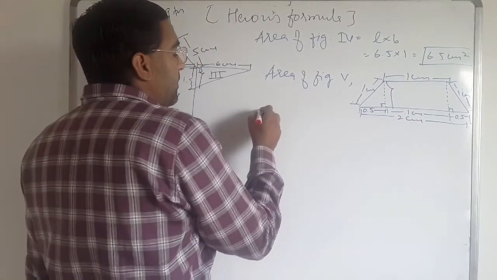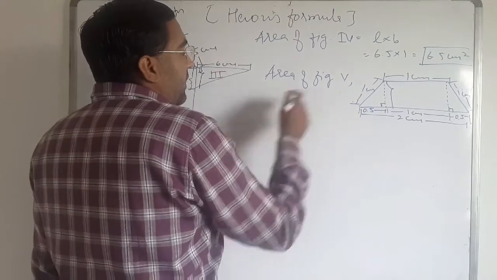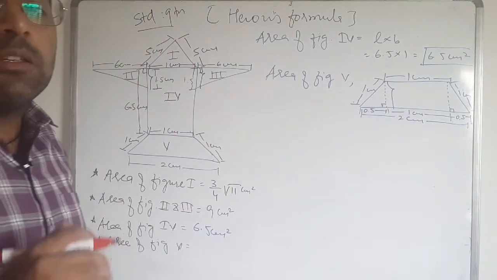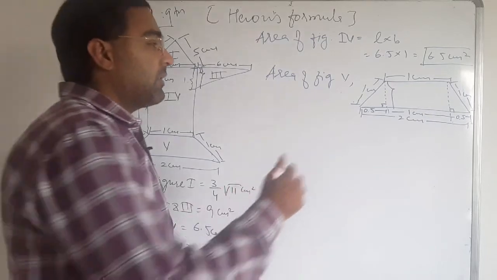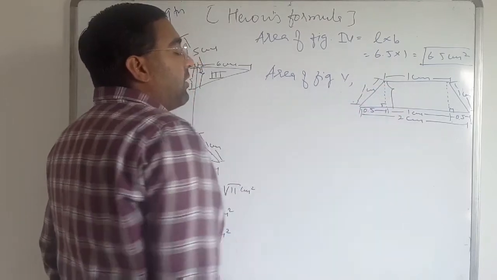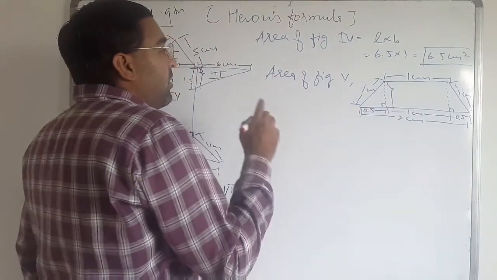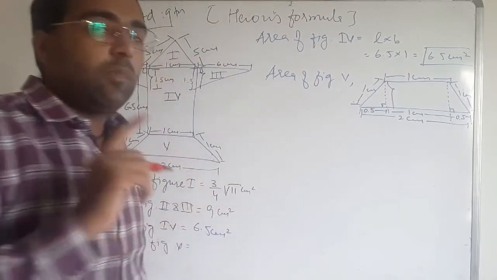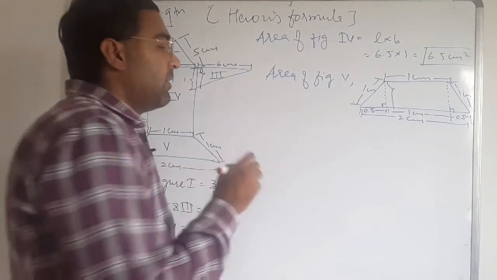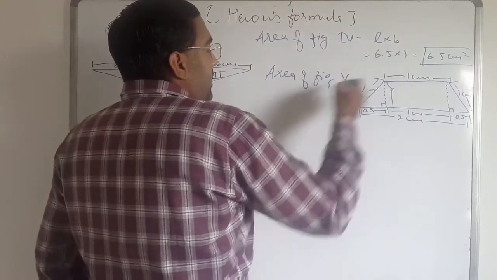For the height of the trapezium, first of all we take this triangle and find the height using the Pythagoras formula, because here the hypotenuse and base are given and the height is not given for the triangle. The height of the triangle and the height of the trapezium are equal.